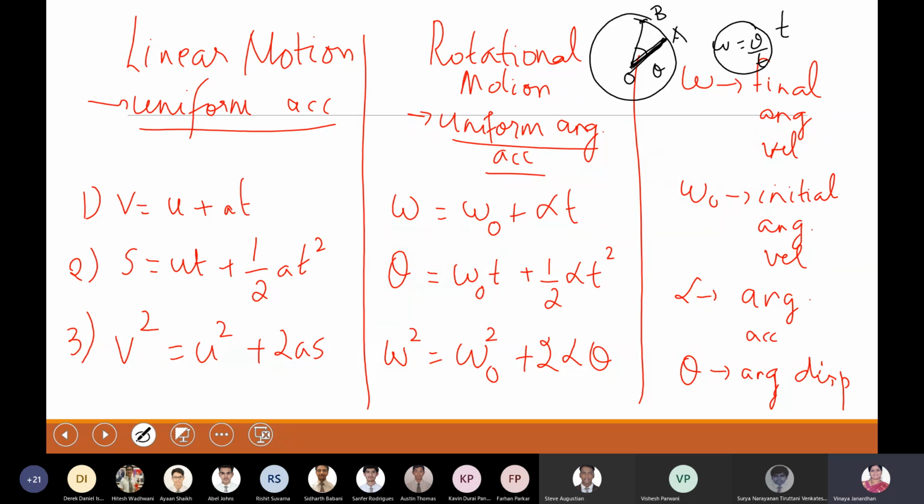If in a time of say 1 second, the angle swept is greater, then the angular speed will also be of higher value. So that is what we call omega, angular velocity. It is the change in displacement divided by the time. In a short period of time, if the radius vector sweeps a greater angle, then we can say the body is rotating with a greater angular speed.